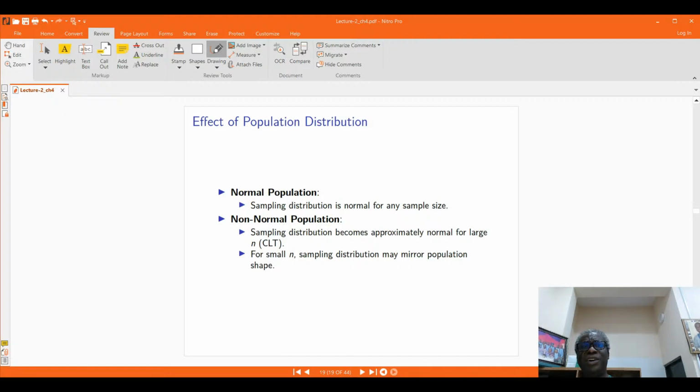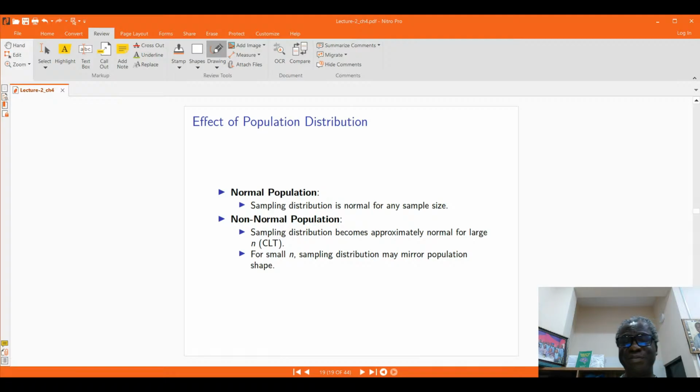So the effect of population distribution is, one, in terms of the normal population, and I've said it before, if the population distribution is normal, then the sampling distribution will also be normal, even if the sample size is small.